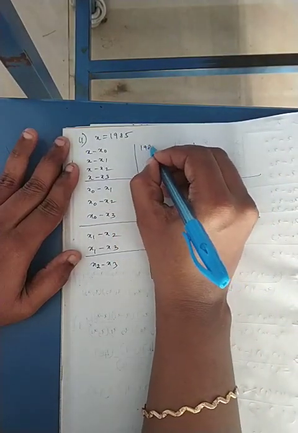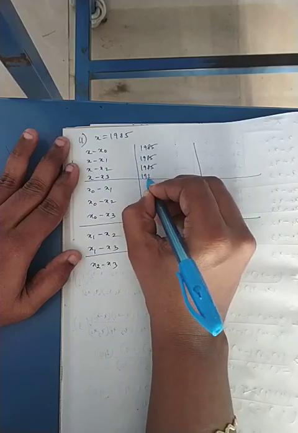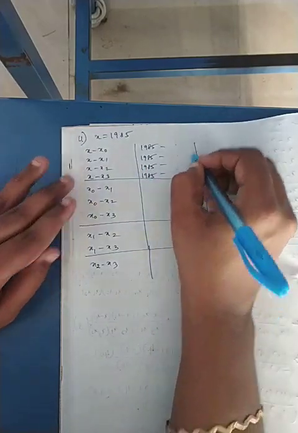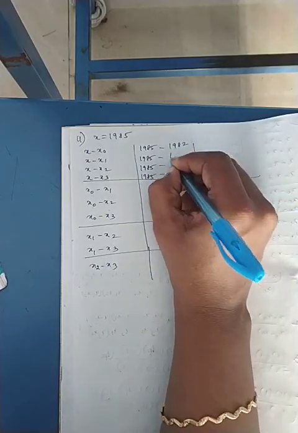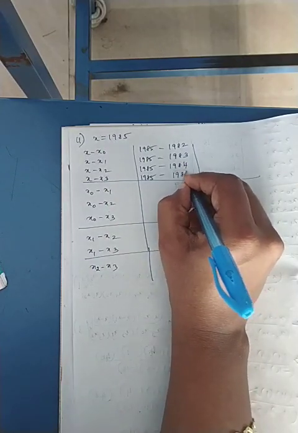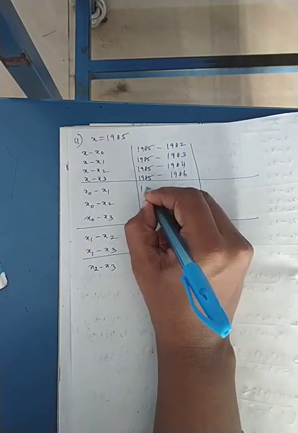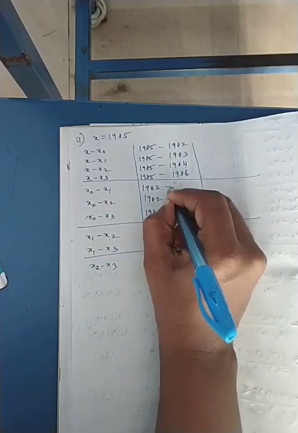Now I will have to find out. It is 1985. This is 1985. Again 1985 and 1985. Minus minus minus. What is my x naught? x naught is 1982, 1983, 1984 and 1986. Here what is my x naught? 1982. So in this column it will be all same. What is that?